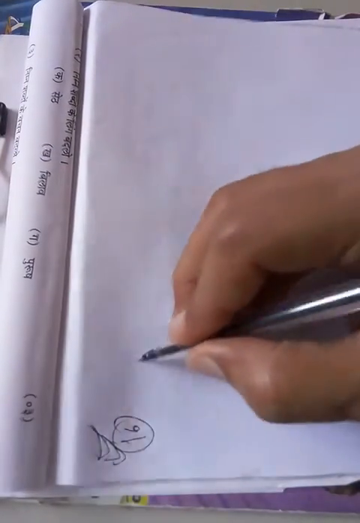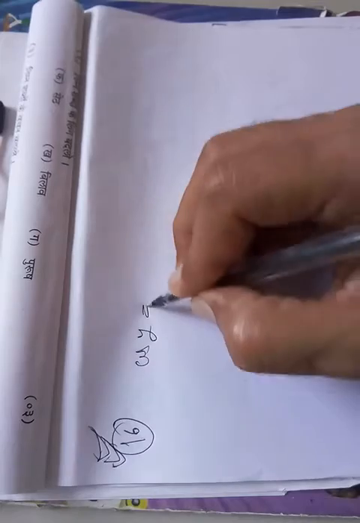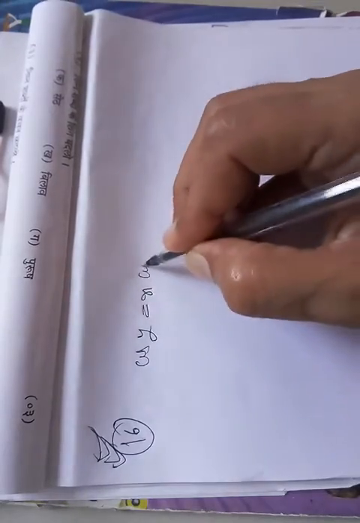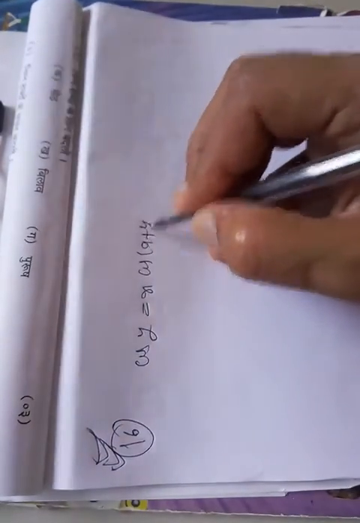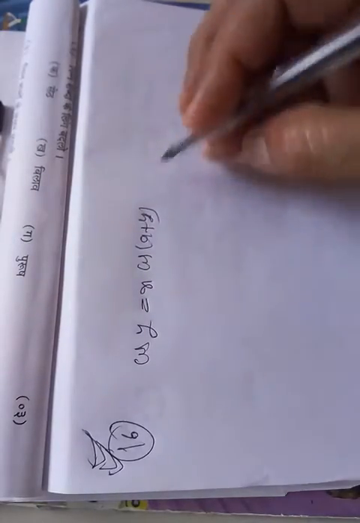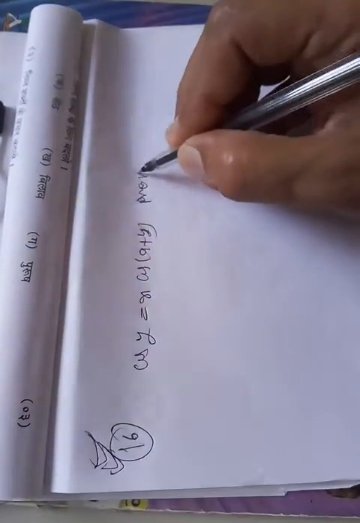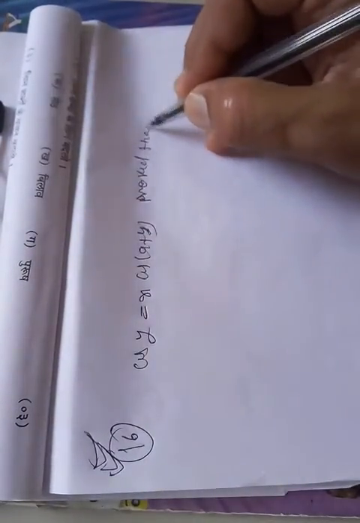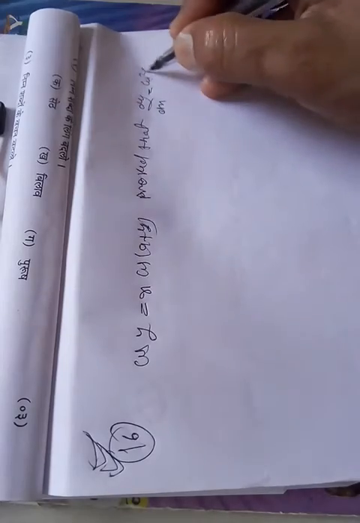Next is question number 16, most important. Questions 15, 16, 17 are most important, and this question is mostly repeated. Given x cos(a plus y) equals cos y, prove that dy/dx equals cos squared (a plus y) upon sin a.